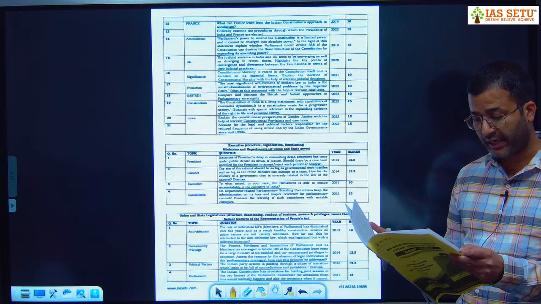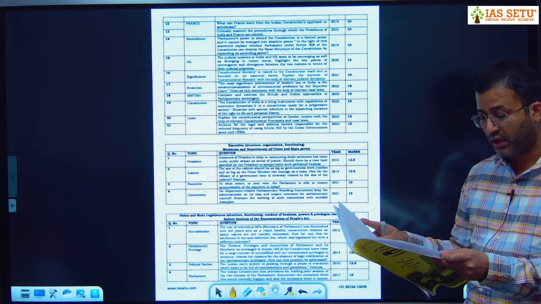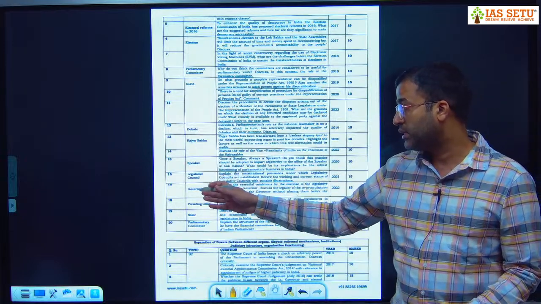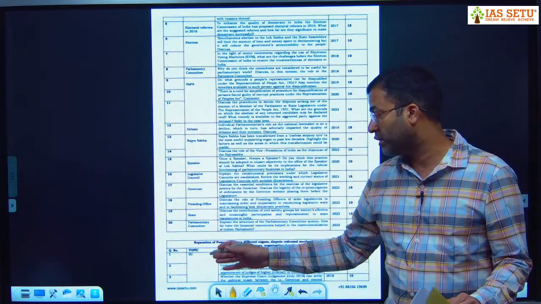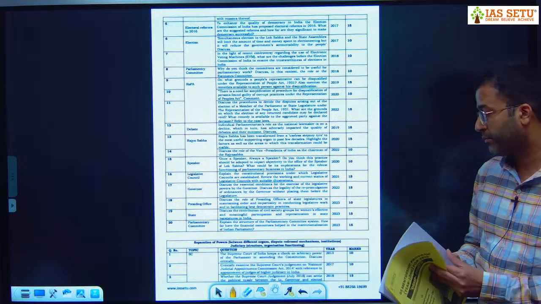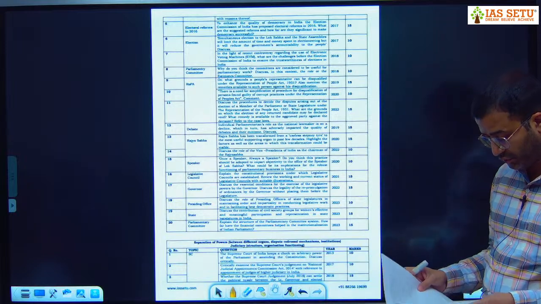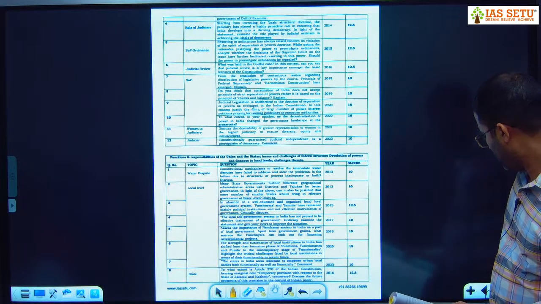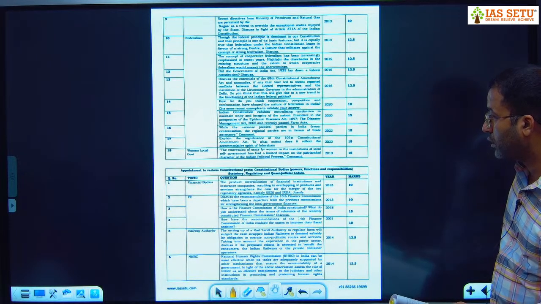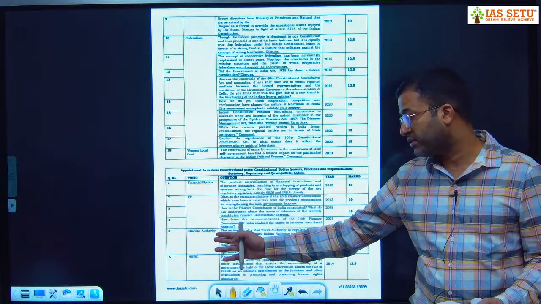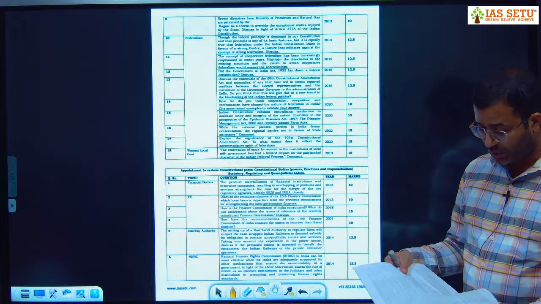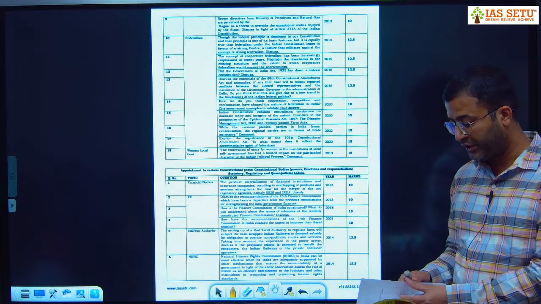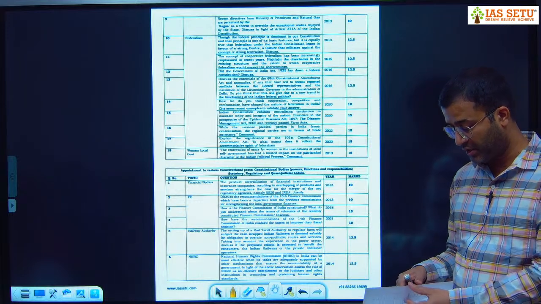Election reform, election, parliamentary committee, Representation of the People Act, Rajya Sabha, speaker, legislative council, governor, Supreme Court, for judiciary also. Okay. Financial bodies, Finance Commission. So this is for your paper 2, polity, governance and IR.